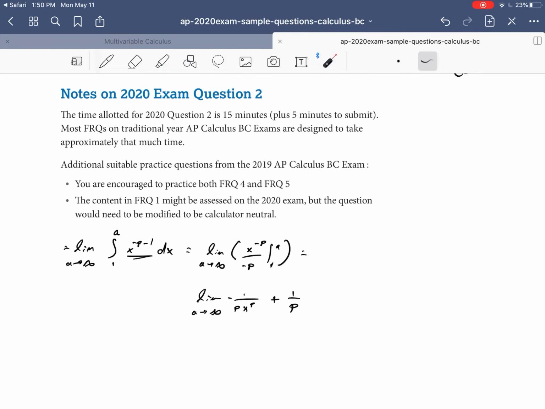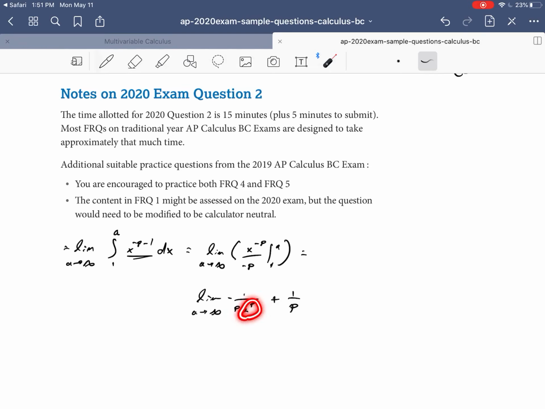Now taking a look at this limit, as a approaches infinity, my bad, I should have put an a here, because I plugged in a.